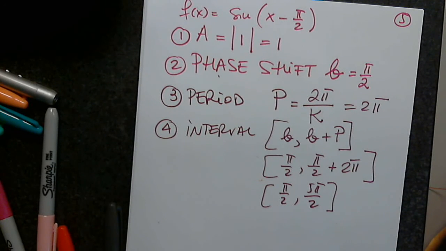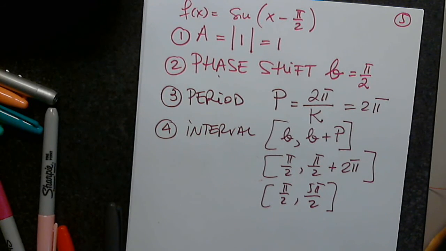This should be a complete graph of sine shifted to the right 90 degrees or pi over 2. This is 2 pi. This starts at pi over 2 because it was shifted to the right pi over 2.